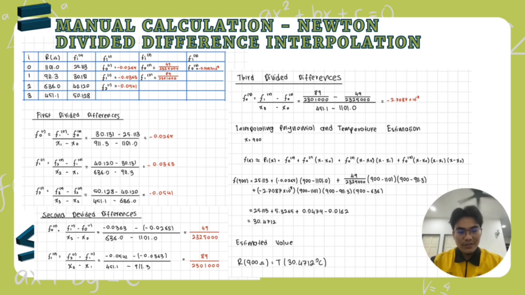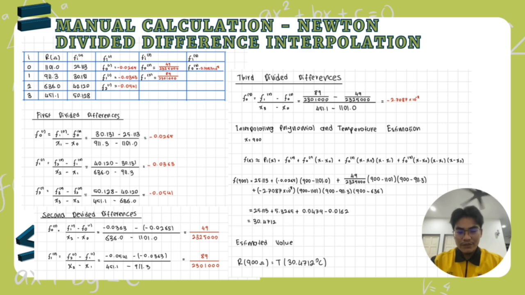To build the polynomial, we first calculate the divided differences. The first divided difference represents the slope between adjacent points. For example, f0 power of 1 is calculated as 30.131 minus 25.113 over 911.3 minus 1101, giving us minus 0.0264.